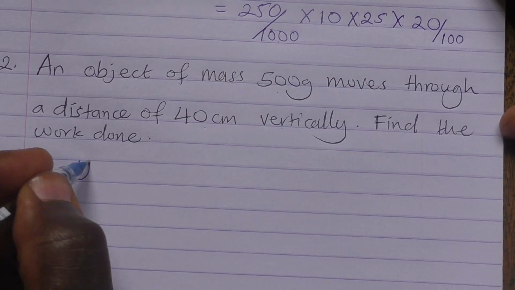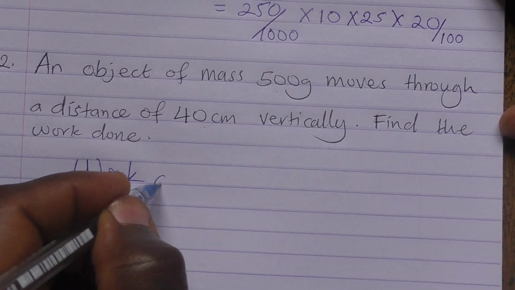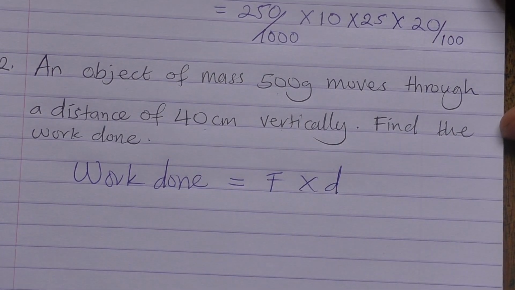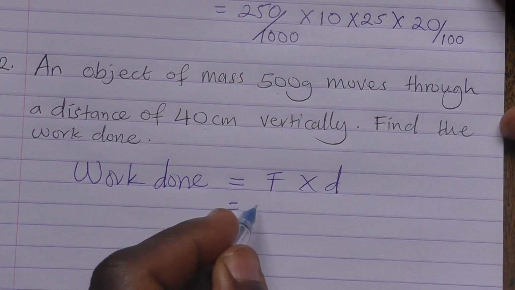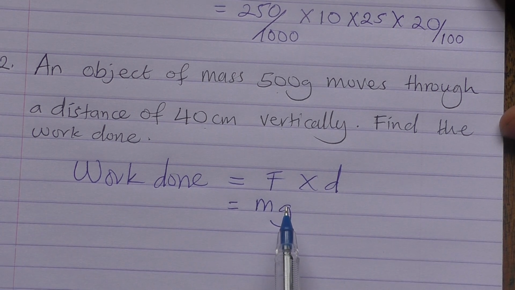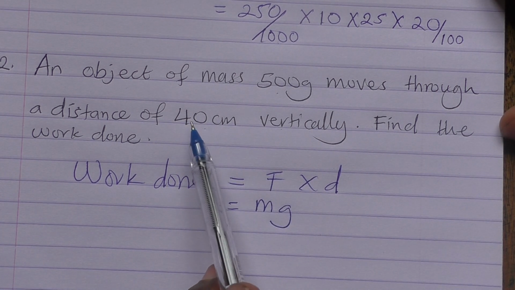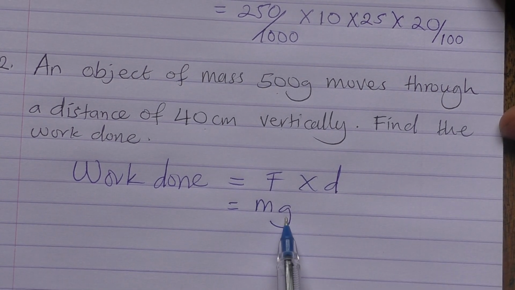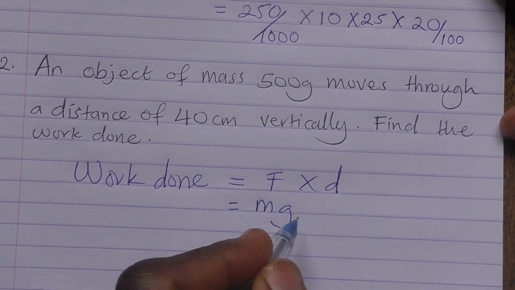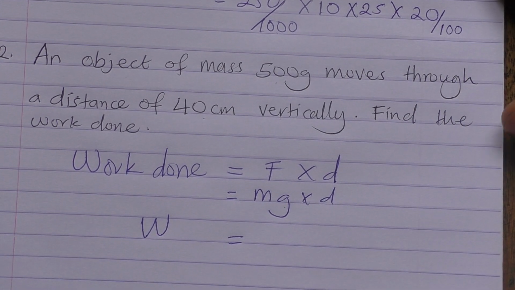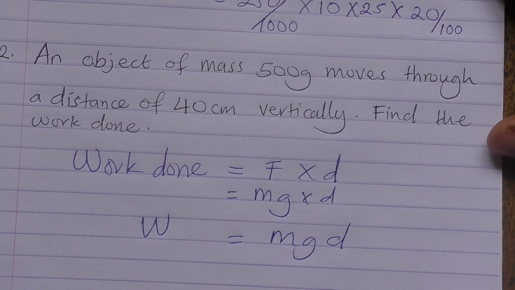And therefore, for this particular number, work done is given as force times distance. But where we have force, we shall write mg, because force is given as mass times acceleration. But since the motion is vertical, the acceleration is acceleration due to gravity. So that gives us the formula for work done as mgd.